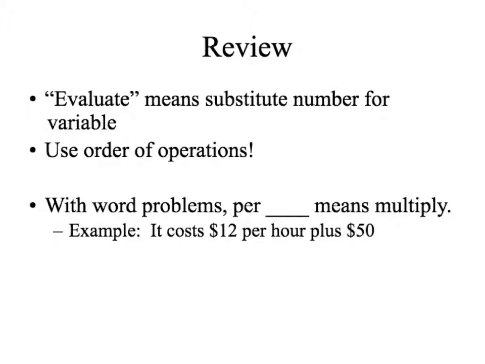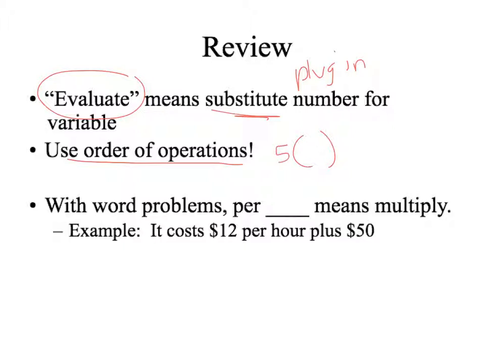Okay, in summary, remember that evaluate means to substitute or plug in a number for the variable. Don't forget to use order of operations. Don't forget that if you have parentheses times a number, this is multiplication.